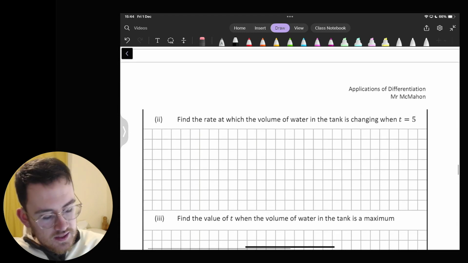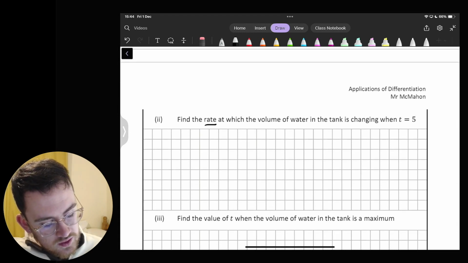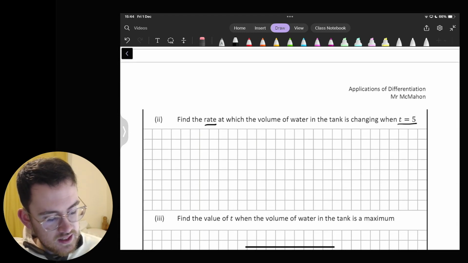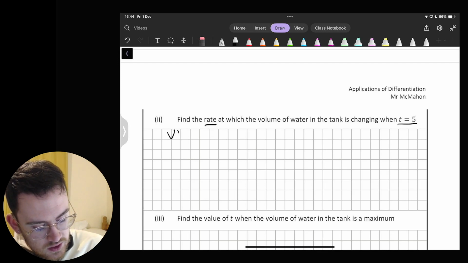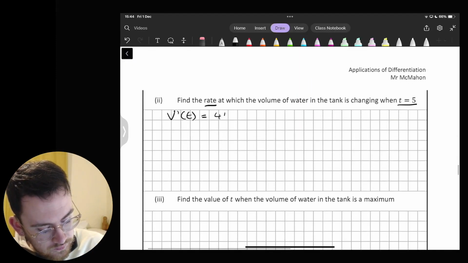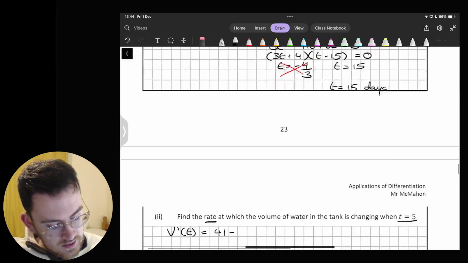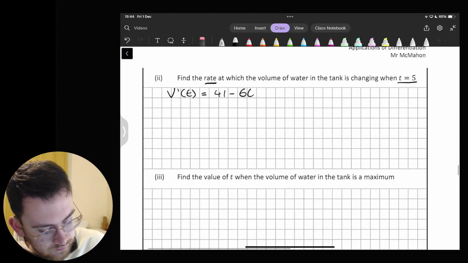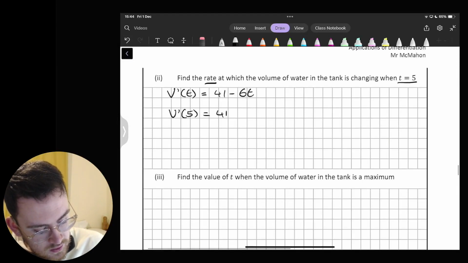Find the rate at which the volume of water in the tank is changing when t is equal to 5. So we're finding the rate at which the volume of water is changing, so that's going to be the derivative. So that's 41 minus 6t. We want to evaluate this when t is 5.